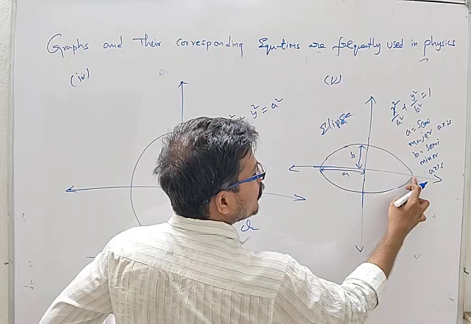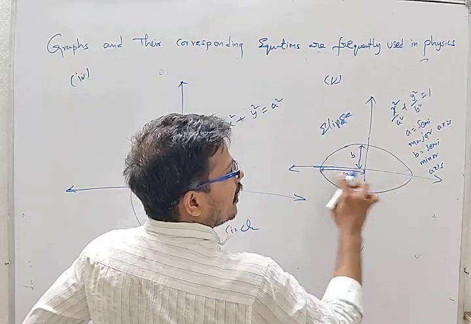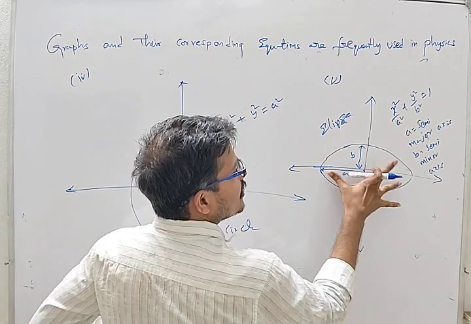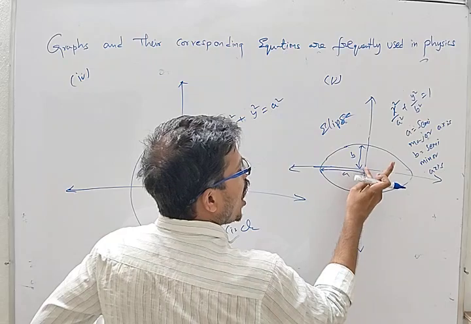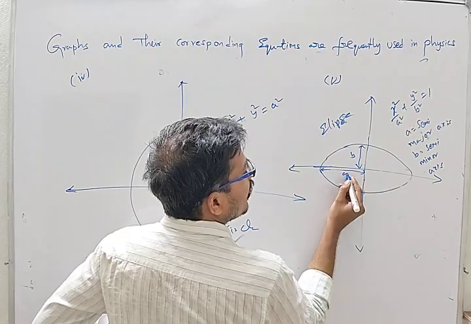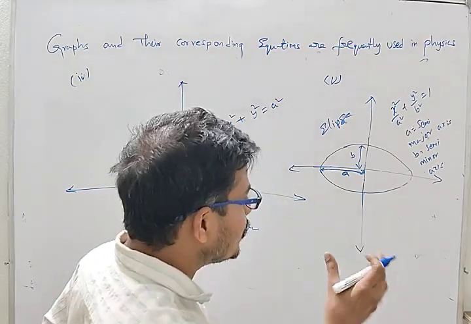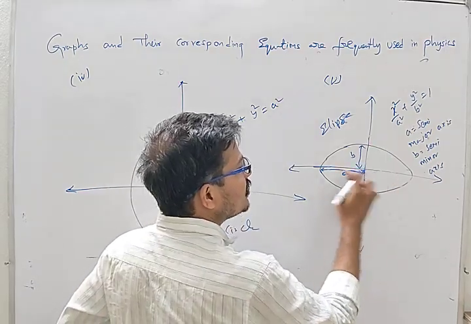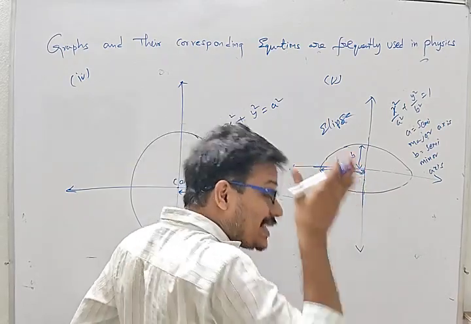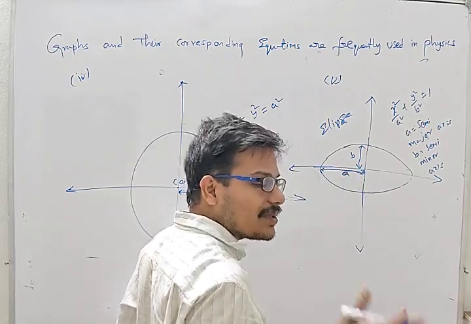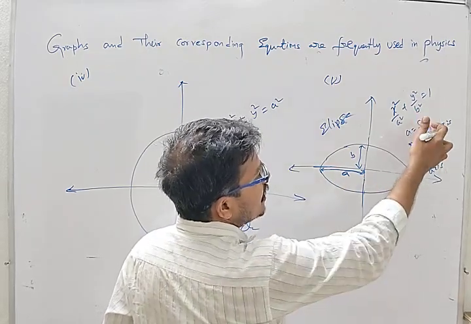From this point to this point is one axis, a complete axis. Half of this is nothing but the semi-major axis. Compared with this one, this is bigger. Bigger means major axis. So half of that is the semi-major axis.